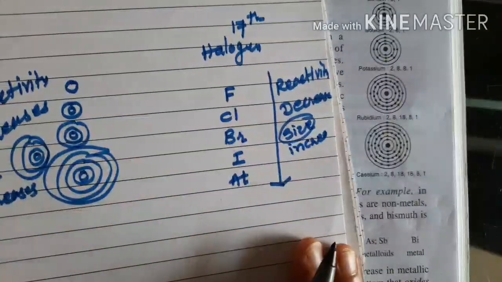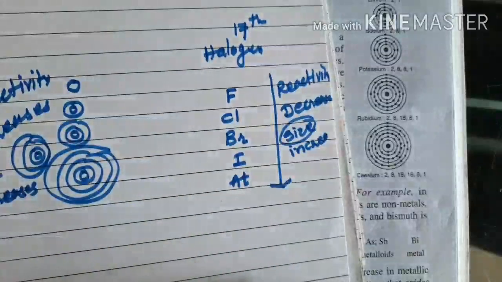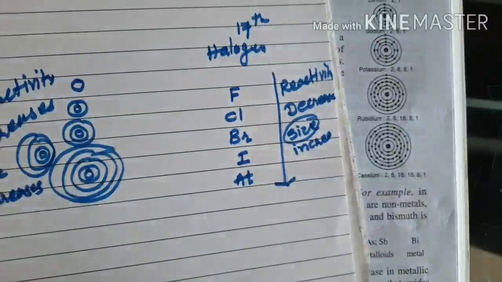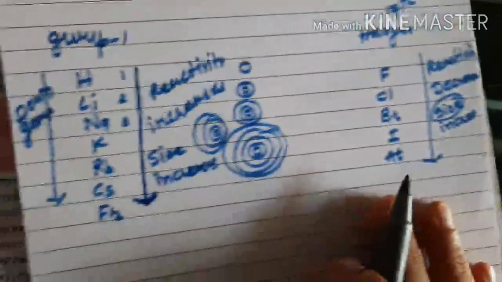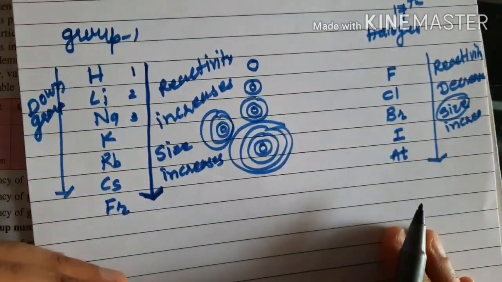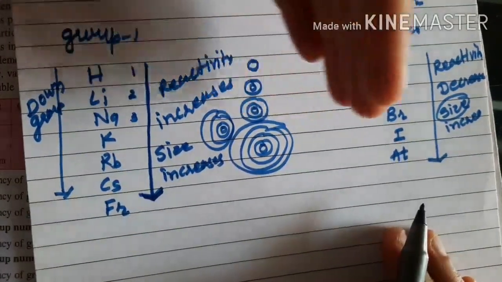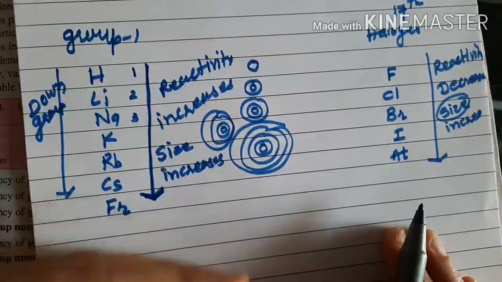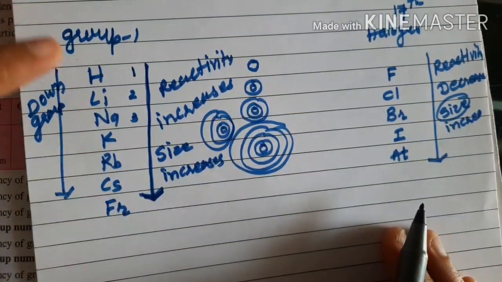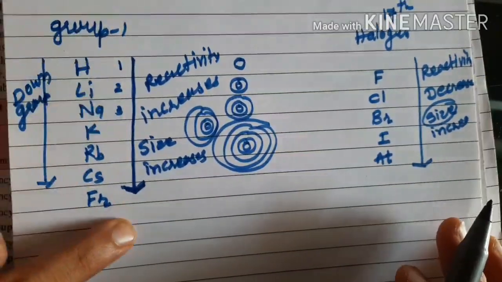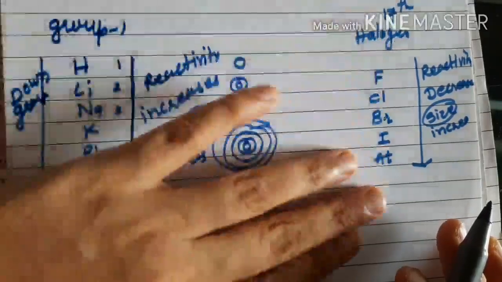In all groups, the number of shells is increasing from top to bottom. So if we take any individual group, then from top to bottom the size increases. First group size increases, second group size also increases, third group, and so on.